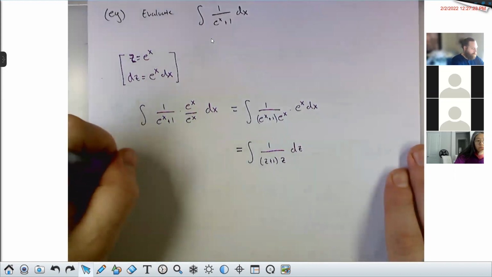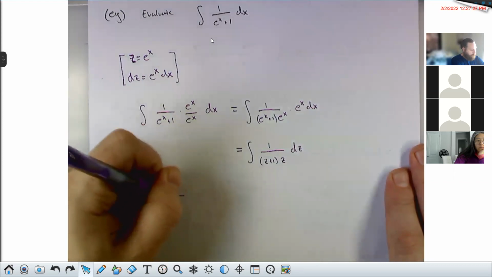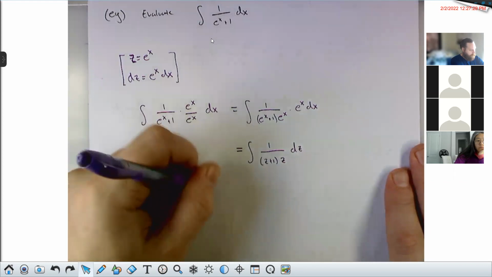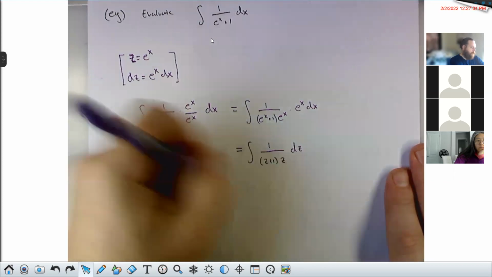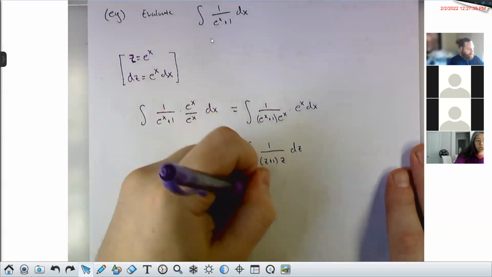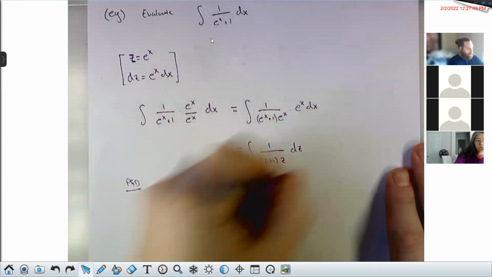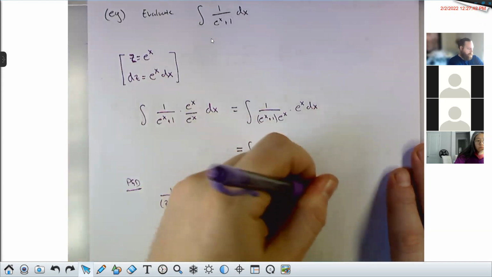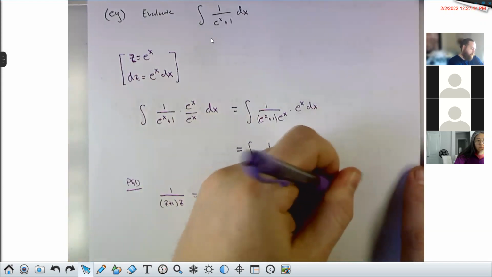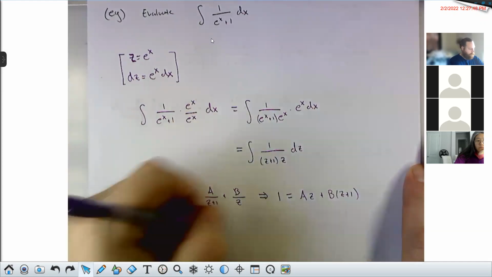From here, you would do PFD, 1 over z plus 1 times z is A over z plus 1 plus B over z, which would mean 1 is equal to A times z plus B times z plus 1. Heaviside will save you from here.